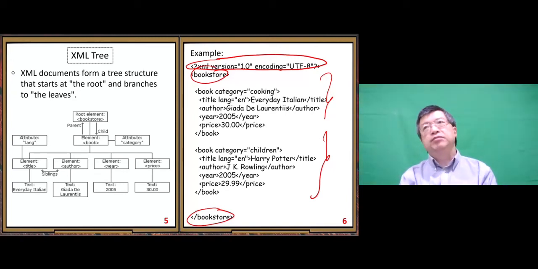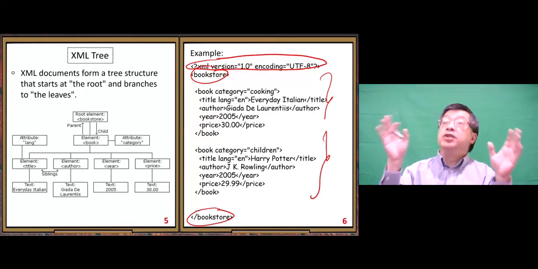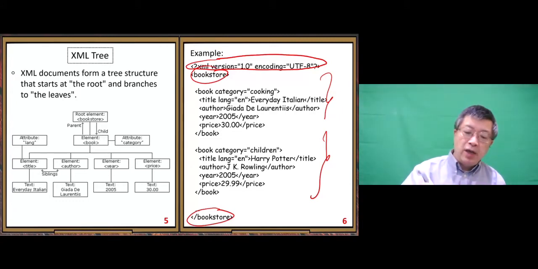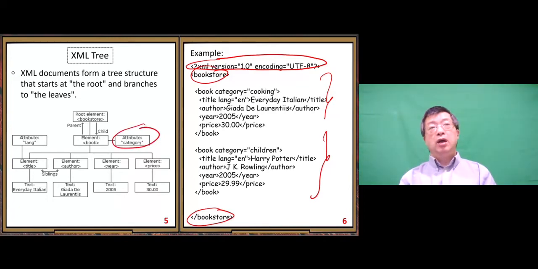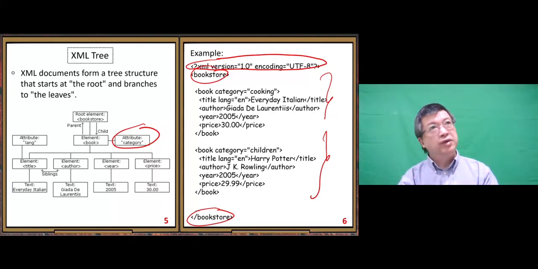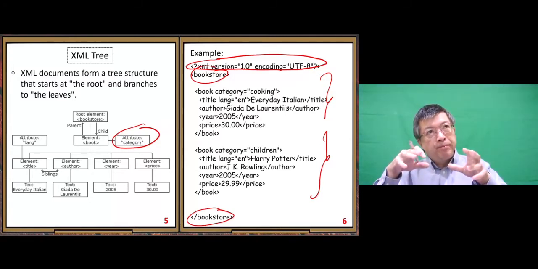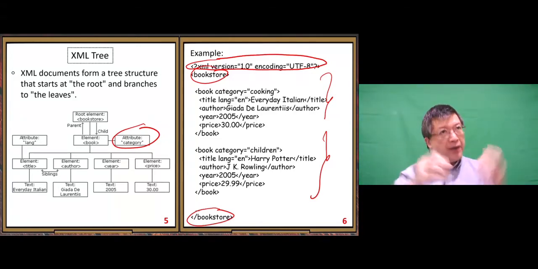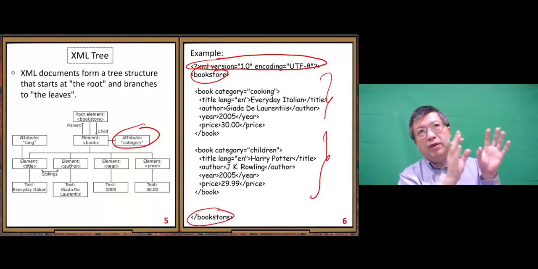But this tree structure is a little special compared with our usual tree structure. It has some special property. The special part is the attribute part. You do not treat an attribute as a node because this attribute structure is different from other regular element structure. Instead, you treat it as added extra information to describe that node.